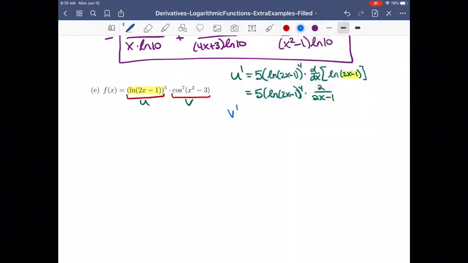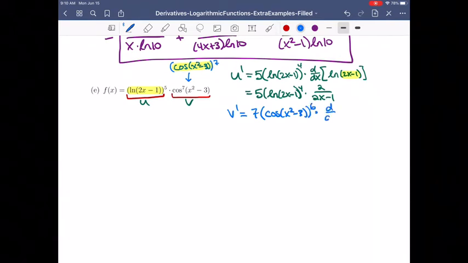Now let's do v prime. So here, this one is actually cos of x squared minus 3 all to the power 7. Okay, so again, this is my inner function to begin with. So I'm going to have 7 times the inner function to the power 6.